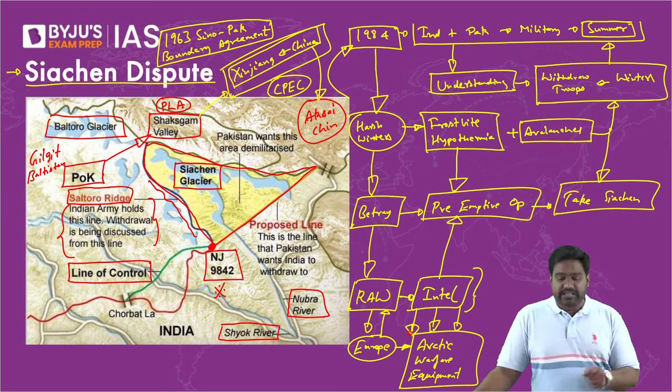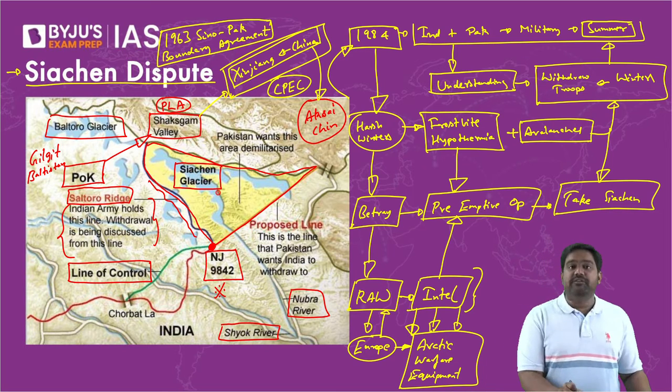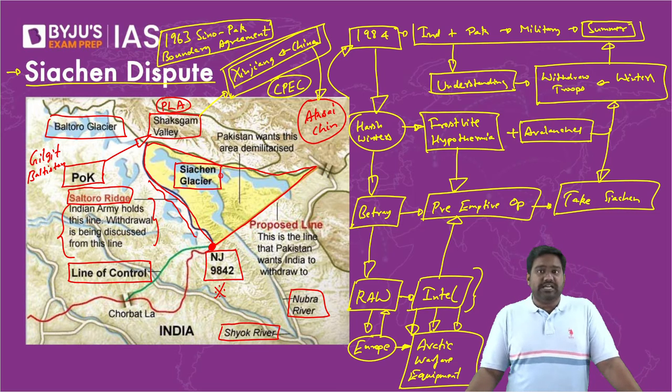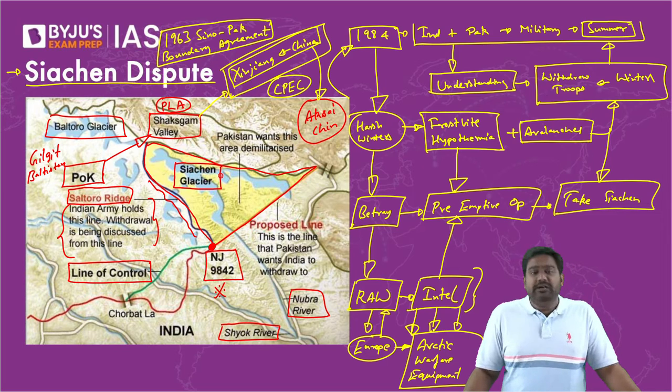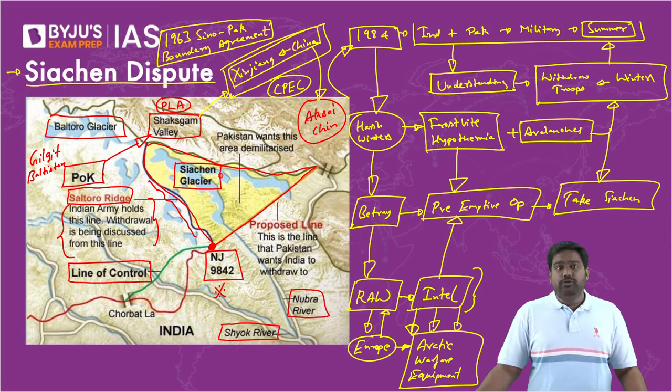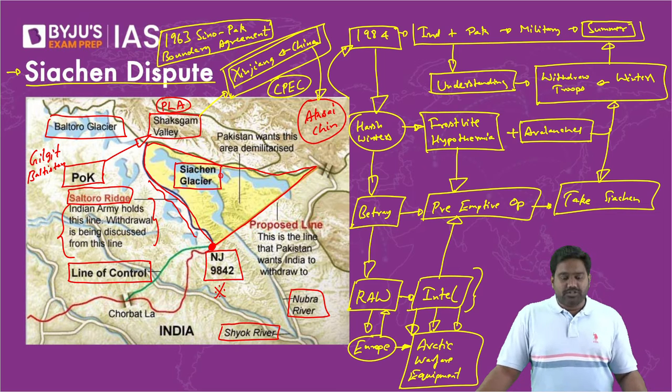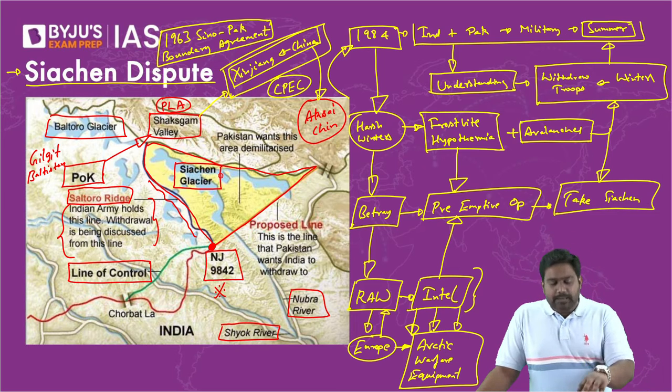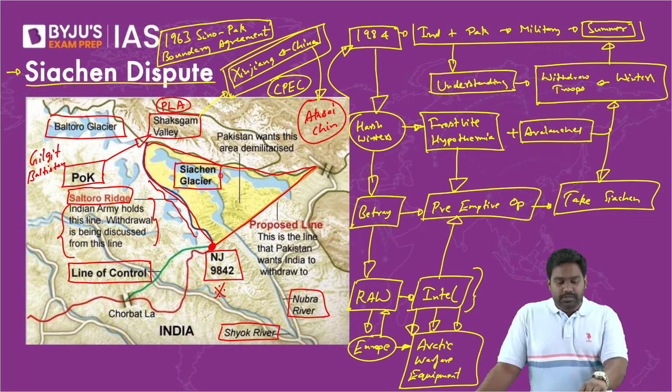It might be using the equipment to plan this preemptive operation and capture the Siachen heights when Indian troops are not present. So, based on this assessment, it was clear that if India did not act, Pakistan would gain an upper hand. Because once a country captures Siachen and dominates the region, it would be impossible for the other country to take it back.